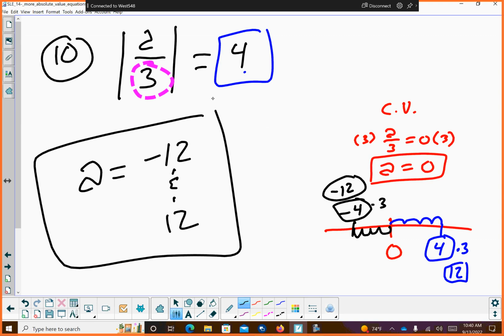Now, there might be another way that we might be able to do this. Division's the opposite of multiplication, right? So let's think, if we took the same problem, and let's say I had it just originally set up like this. That was the original. And we wanted to get A by itself.